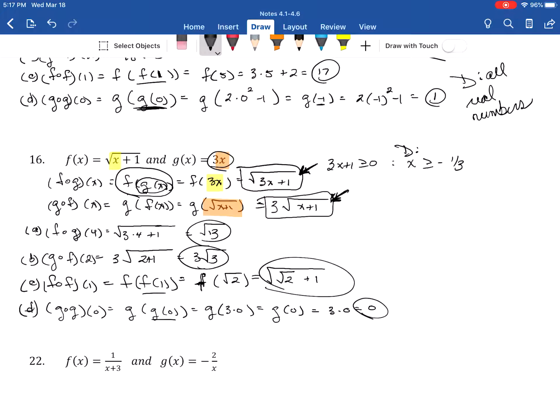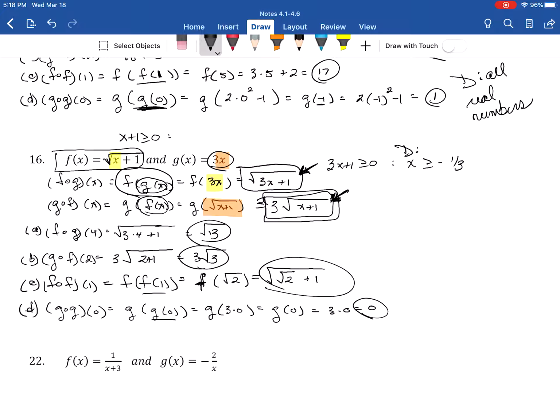For the next answer that I got, this answer right here, I need to consider the domain of my answer as well as my input function f. Okay, so now go back up to function f, which is here. Right, there's a restriction because function f involves the square root of x plus 1. And I want to make sure that the quantity under the square root stays at least 0, right?